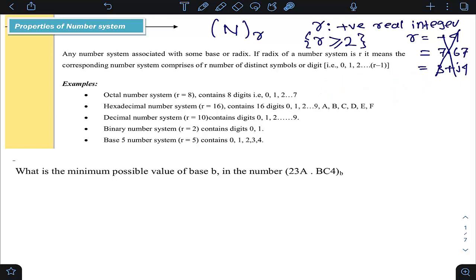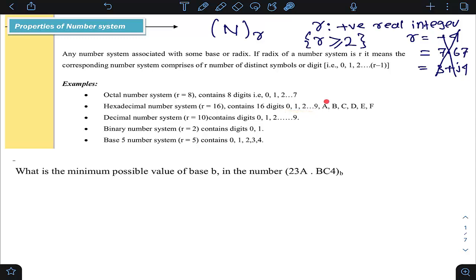That's why in the octal number system, because I am using base 8, we make use of digits up to 7. So 7 is the highest digit, which is r minus 1, which is 8 minus 1 in this case. In the hexadecimal number system, because the r value is 16, the highest digit we make use of is F. F stands for 15. In the hexadecimal number system, 0 to 9 is fine.